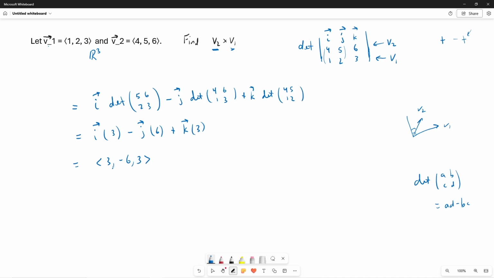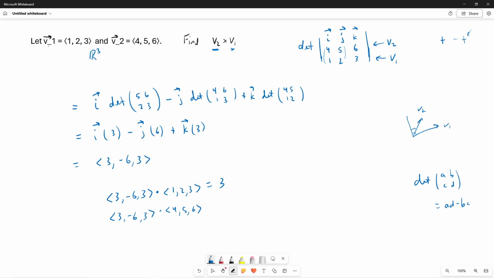That vector is perpendicular to both of these. Let's check that. Let's take the dot product of this vector with the vector 1, 2, 3. We should get 0. And we'll take the dot product with the other vector as well, and we should again get 0. 3 times 1 is 3.